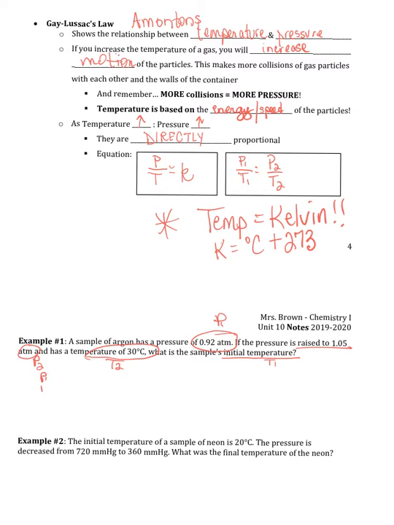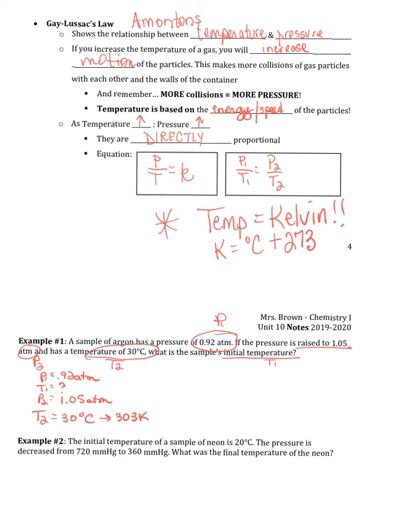So I'm going to make a table. Again, they want the initial temperature, and the initial pressure is 0.92 atmospheres. They raise the pressure to 1.05 atmospheres, and the temperature is 30 degrees Celsius. Remember, we cannot have Celsius, so we have to add 273 to that, which gives me a temperature of 303 Kelvin.